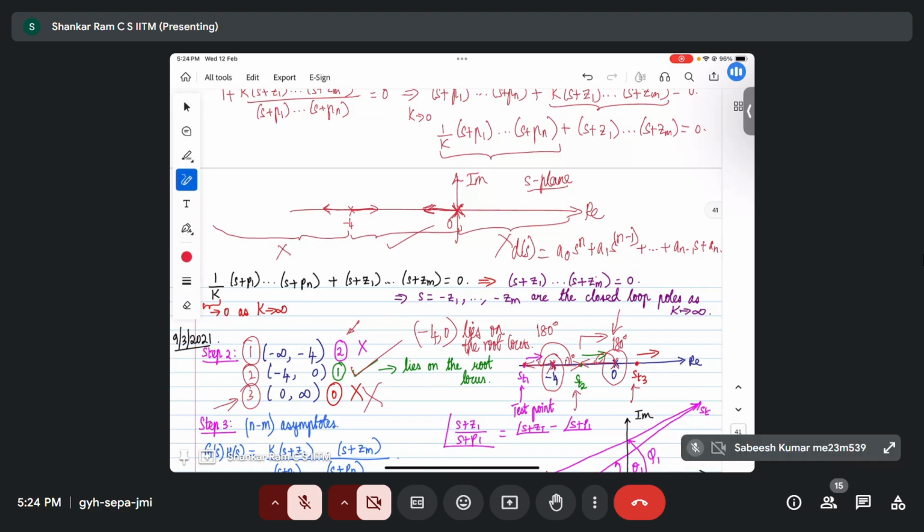Obviously, it cannot go along any complex direction, because the complex conjugate branch also must be a branch of the root locus. So using all these arguments, the root locus branch at the origin can only go to the left.